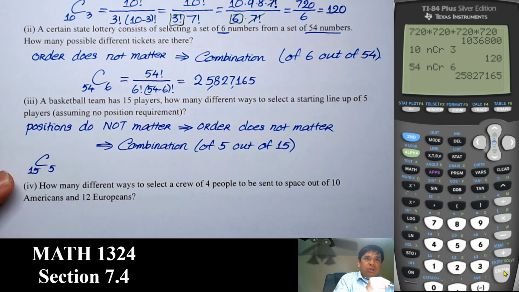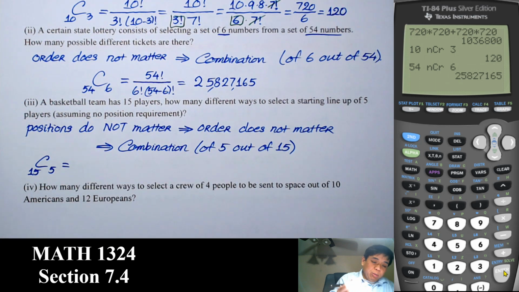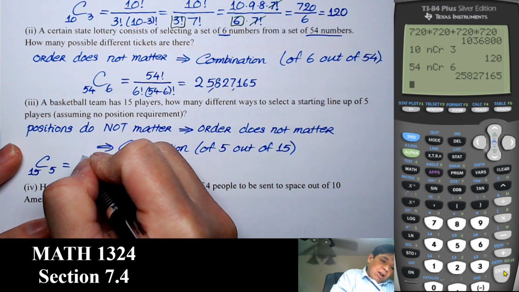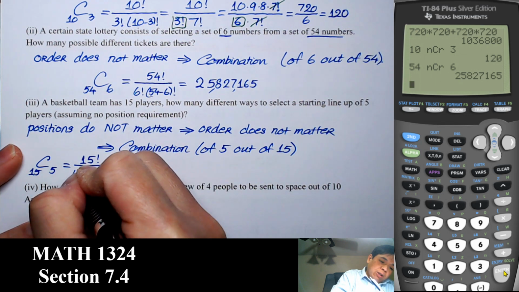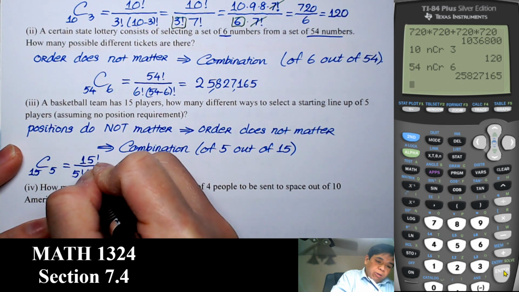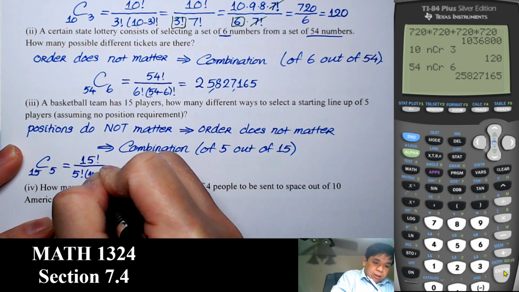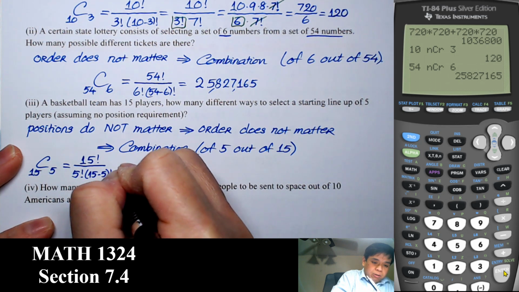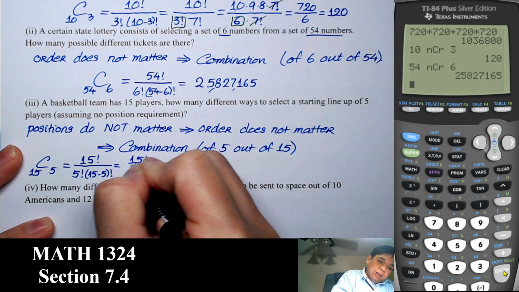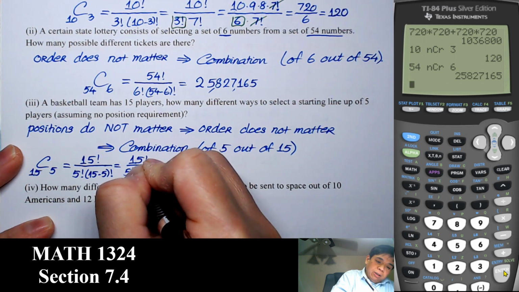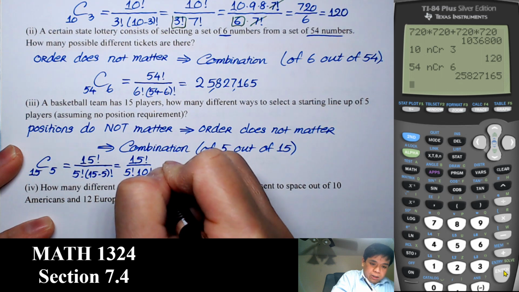Of course we can use a calculator, but I'll just demonstrate what to do if we don't have one. It will be n factorial over r factorial times n minus r factorial. So 15 over 5 and 10.